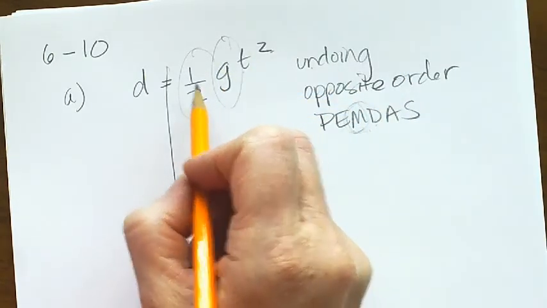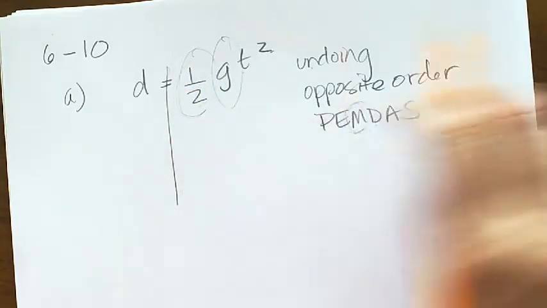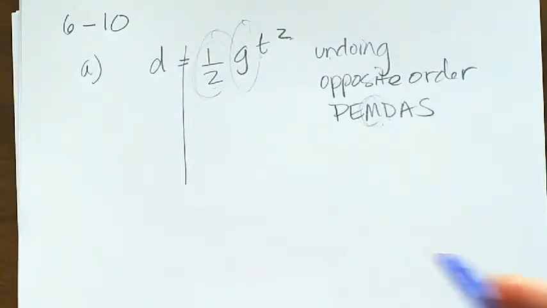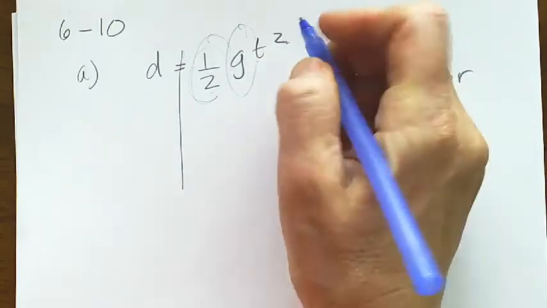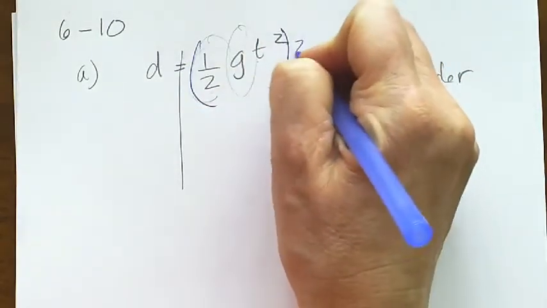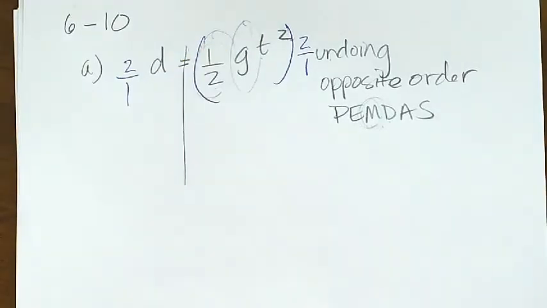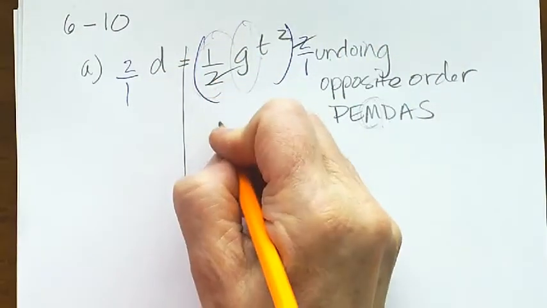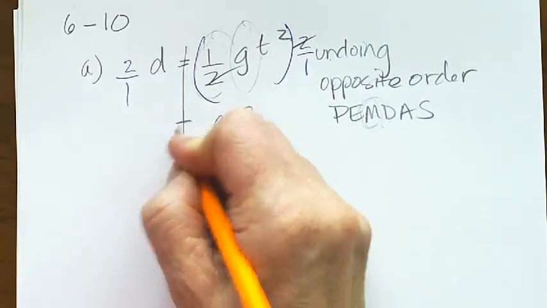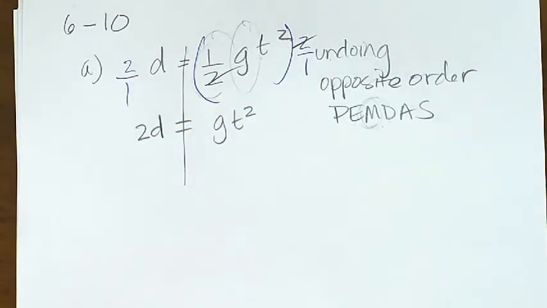I'm going to get rid of 1/2 by multiplying both sides by 2/1. That's going to give me g t squared equals 2d.